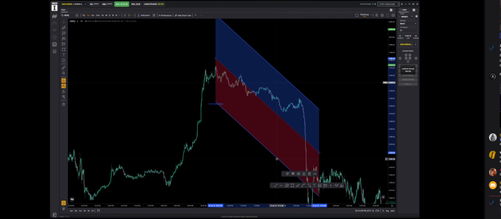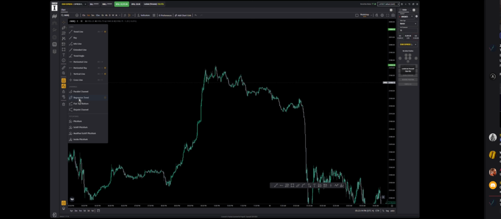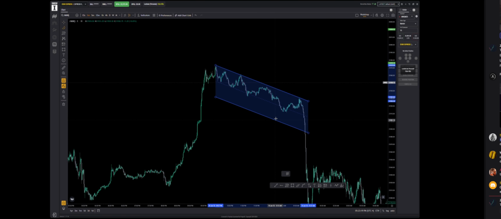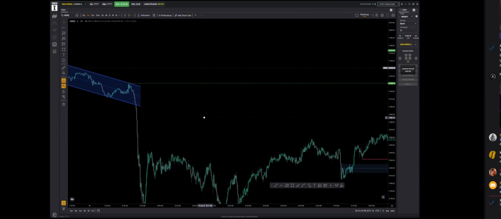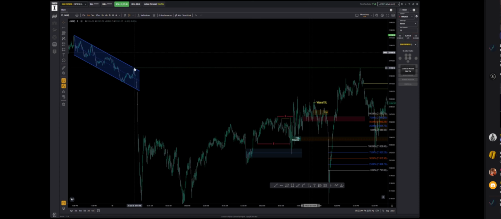Not this one. This is what? Buy side. Here is the other thing. See that buy side? What is it? Exact equal high. That buy side.